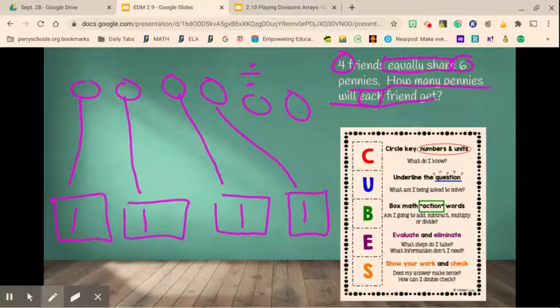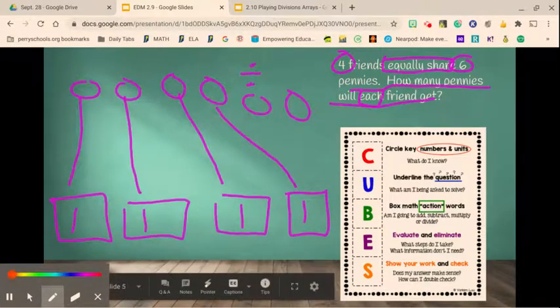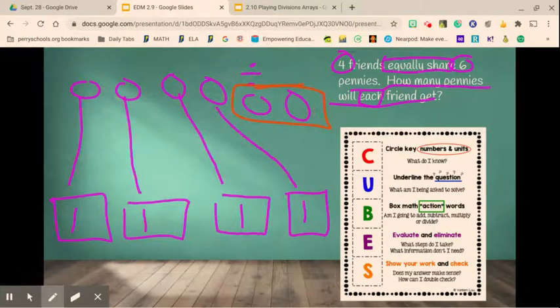But I'm left with the 2 left over. Now remember, with the granola bars, I was able to split those in half. With pennies, I can't cut a penny in half to be able to split it equally. So what we say with that is each person has 1 penny, but there is 2 left over. We call those 2 left over a remainder.